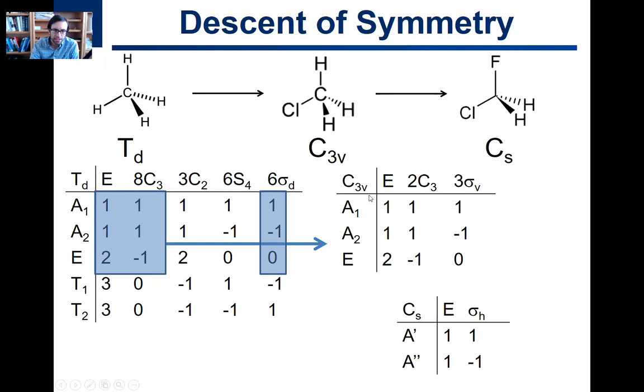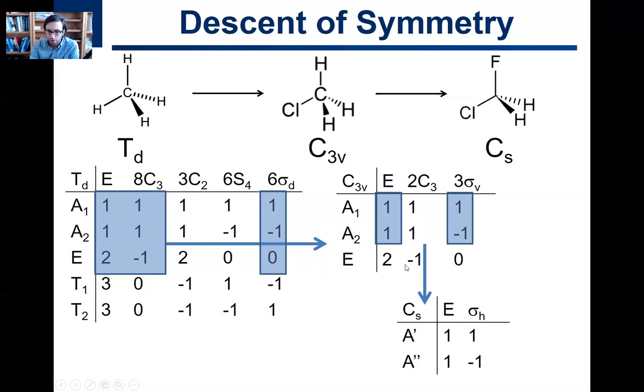In C3v, all you have are E's and C3s, you have fewer of them, 2 instead of 8, and you have mirror planes. They're redefined to be called sigma V's here, not sigma D's. But what you'll be able to see is that all the characters for E, 1, 1, 2, those transpose. For 1, 1, negative 1, 1, 1, negative 1, 1, negative 1, 0. So the whole character table of C3v is a subset of Td.